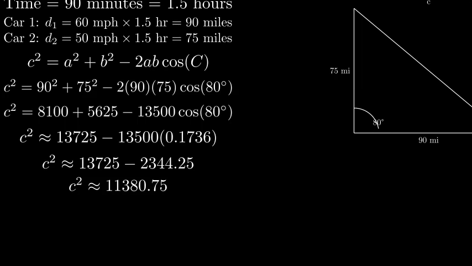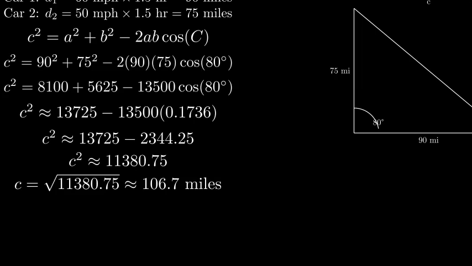This gives us approximately 13,725 minus 2,344.25, resulting in c squared being about 11,380.75. Taking the square root, we find that c is approximately 106.7 miles. So after 90 minutes, the two cars are about 106.7 miles apart.